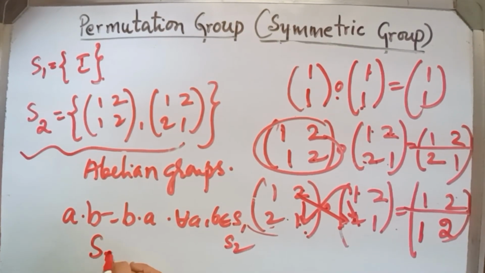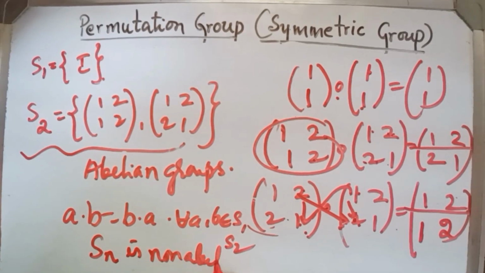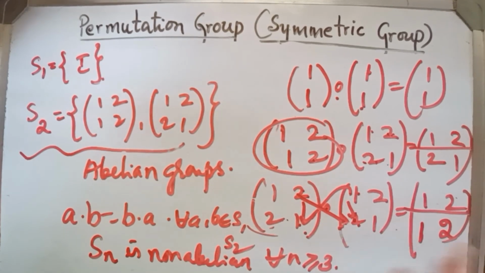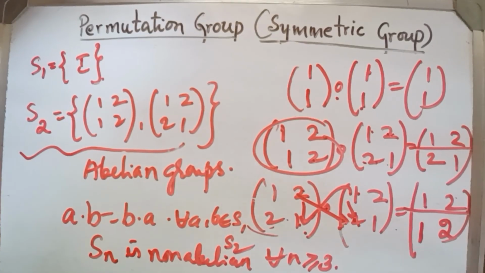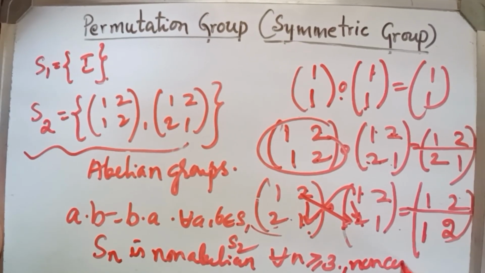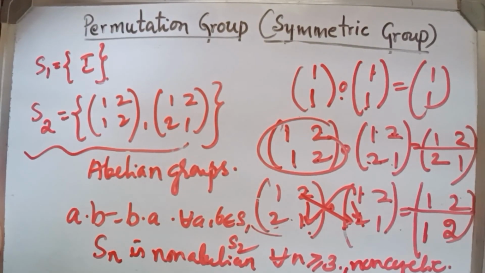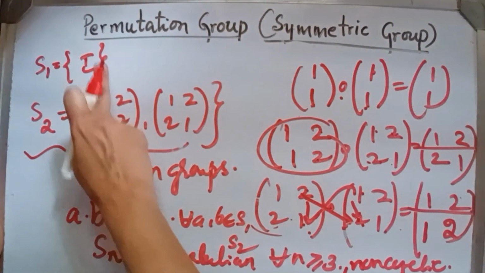And one thing you have to remember, Sn is non-abelian for all n greater than or equal to 3. Starting from 3, S3, S4, S5, all those permutation groups are non-abelian as well as non-cyclic. These two are cyclic groups.